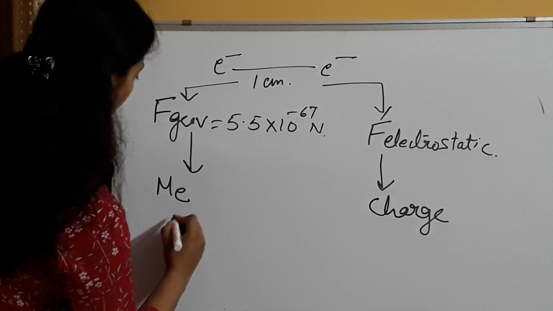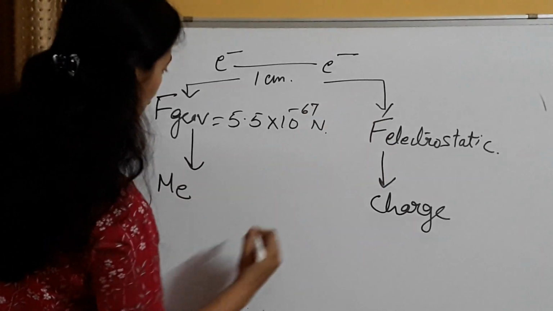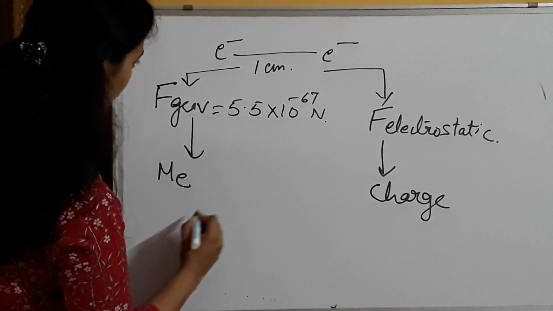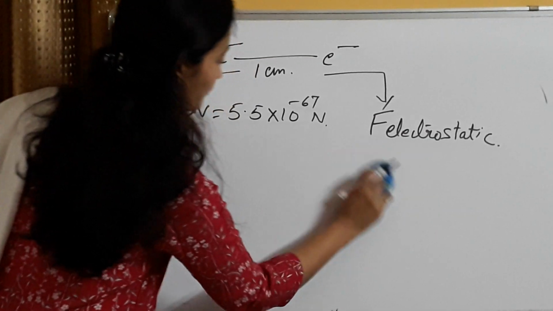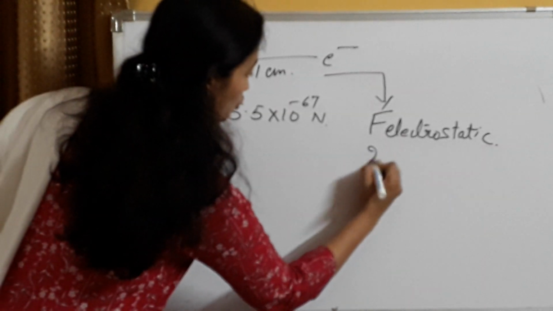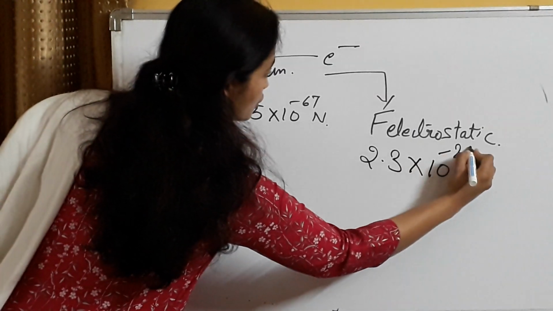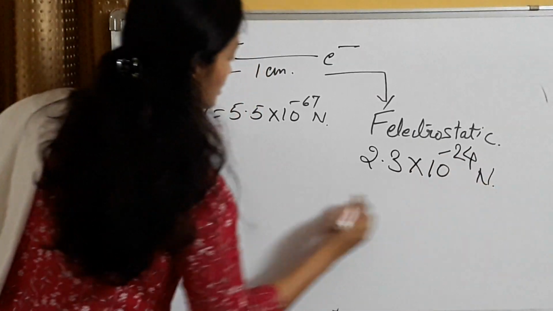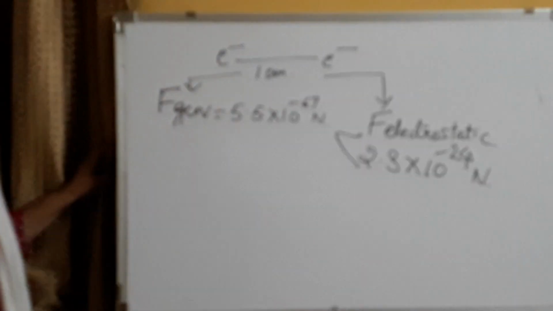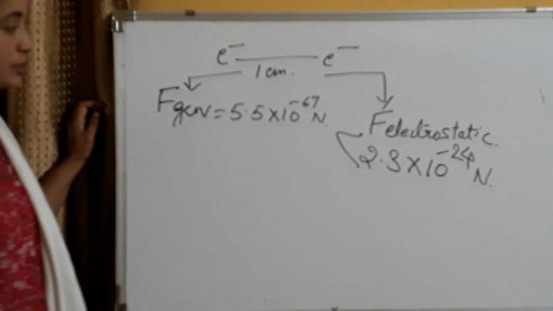If we compare F gravity and F electrostatic, the magnitude of F electrostatic comes out to be 2.3 into 10 to the power minus 24 newtons, and it is much greater than the gravitational force.